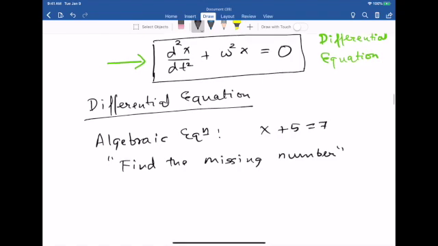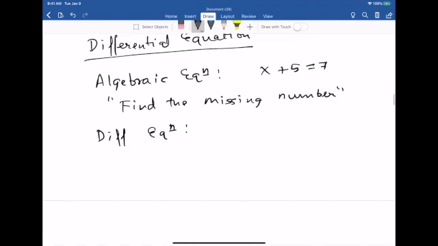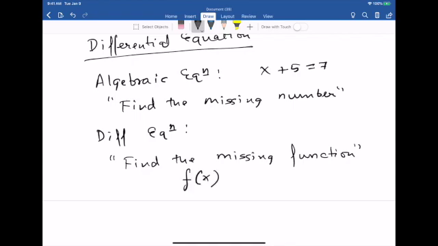A differential equation is actually quite similar. A differential equation is a game of find the missing function. You remember functions from your elementary calculus class? So you have some missing function f of x, right?